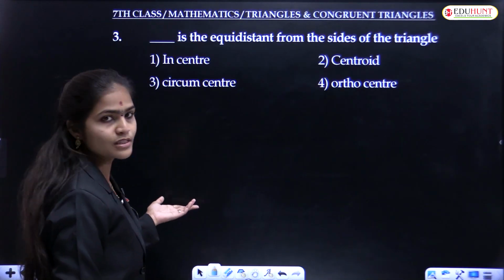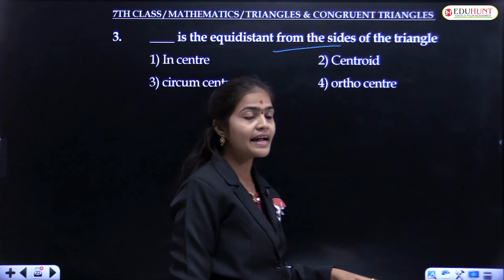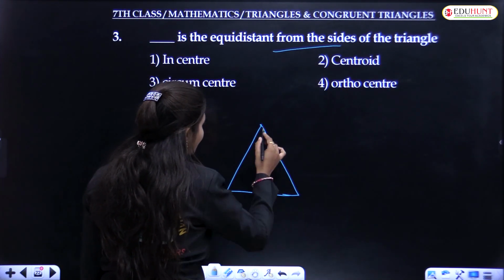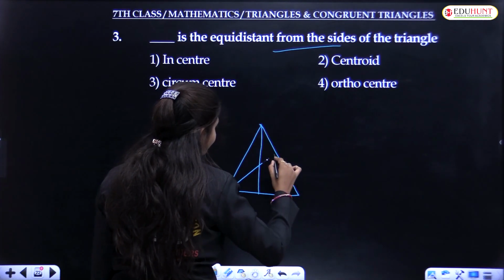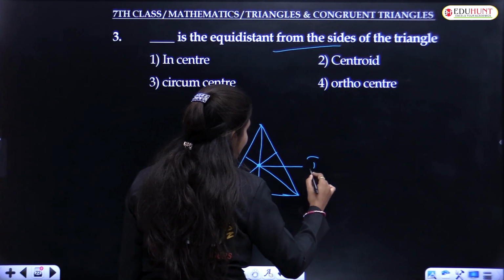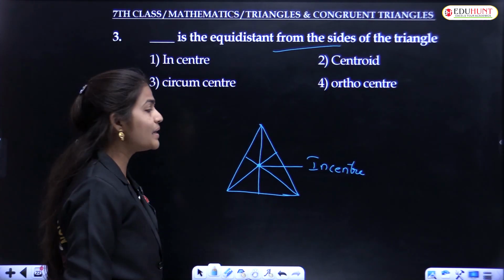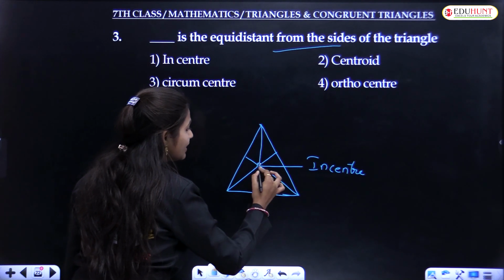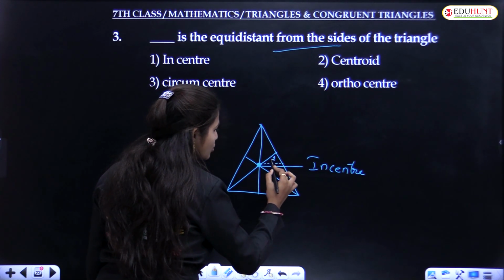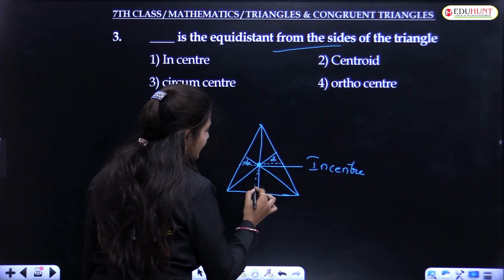The next question: dash is equidistant from the sides of the triangle. When you take the angular bisectors, the concurrent point is called the incenter. Incenter is always equidistant from its sides. When you take the distances from its sides, for example this distance is d1, this is d2 and this is d3.